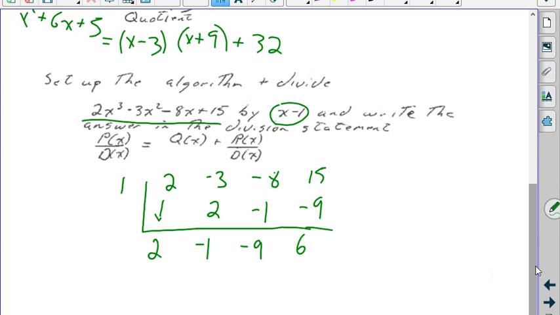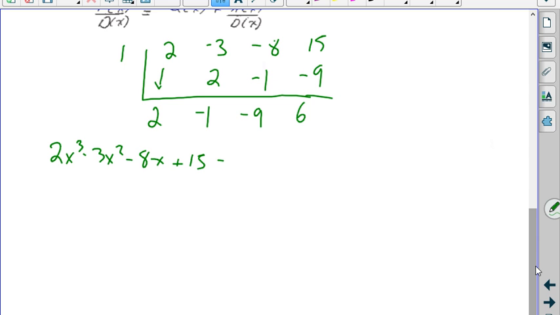So there's your algorithm. Now we have to make sure that we get the proper polynomial out of this. They're divided by x minus 1, so we'll put that there. The number at the end is my remainder.